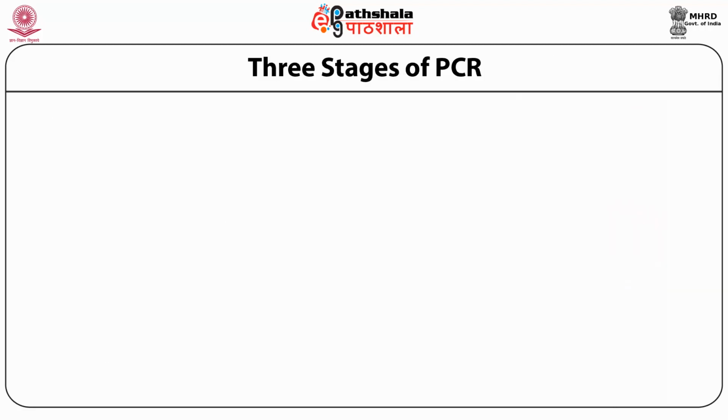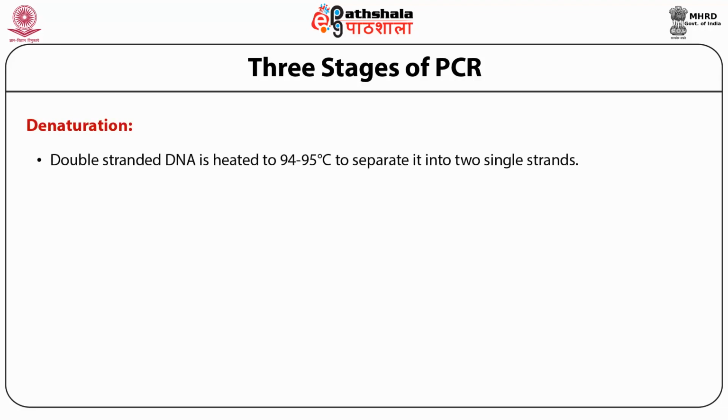For the PCR reaction, all these ingredients described earlier are mixed together along with the DNA template, and the reaction is performed. This PCR reaction is performed in three different stages. The first reaction is denaturation. Double-stranded DNA is heated to 94 to 95 degrees to separate it into two single strands.